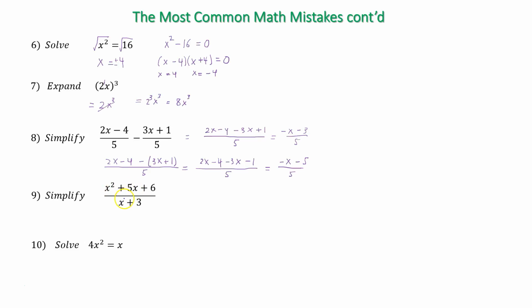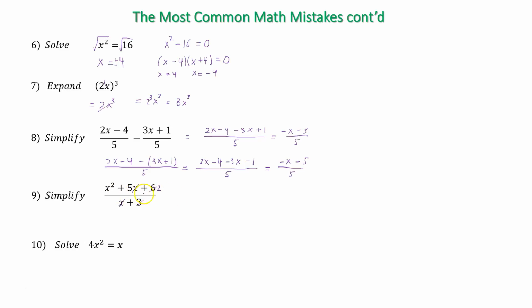For instance, they might cancel this x and this x, thinking that they're allowed to do that, or divide the 6 by the 3 to get a 2 here. And that's definitely not correct. So you should never start canceling things out before you factor.